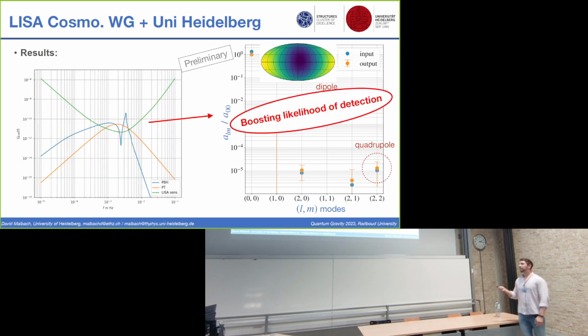And even more important, I think, is that we also applied these techniques to more distinct features, such as primordial black holes, for instance, which can be modeled by some curve like this, where you have some sharp peaks and features. And these boost the signal effectively, so they boost our kinematic anisotropies. And in this way, we are able to more confidently distinguish these features in the ensemble of what we call the stochastic gravitational wave background.